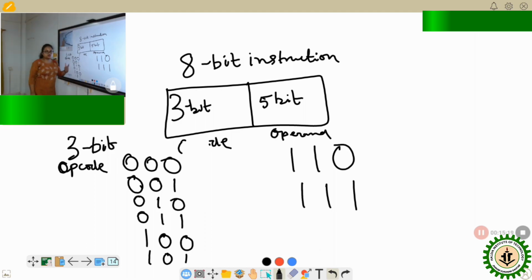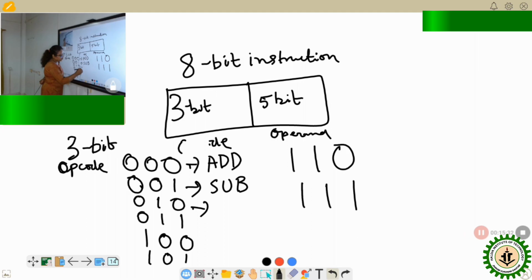So for 000, it can be addition. For 001, subtraction. For 010, move. For 011, OR.